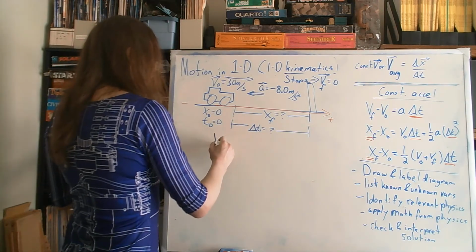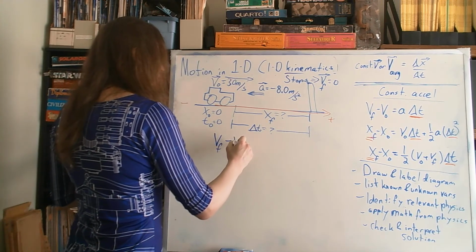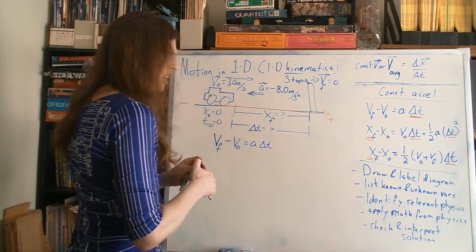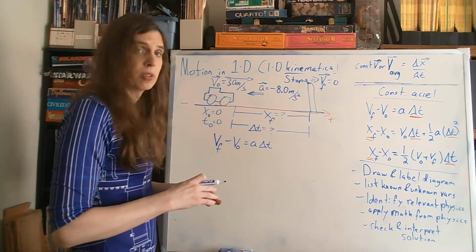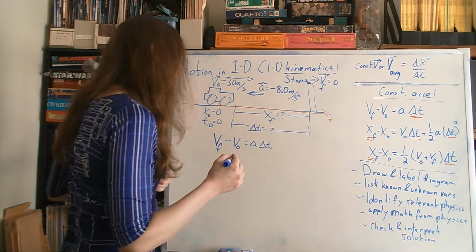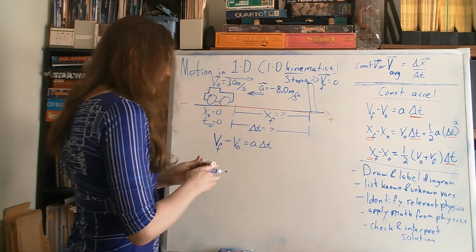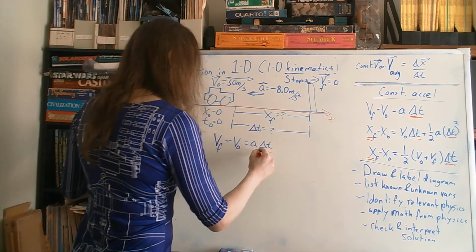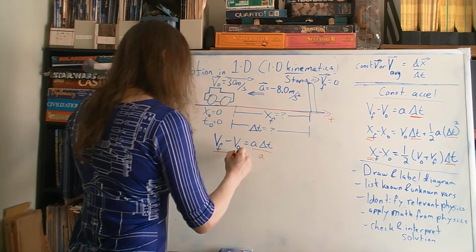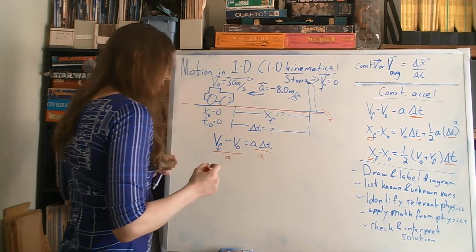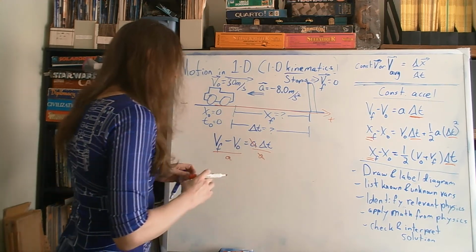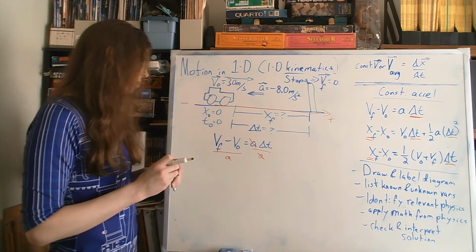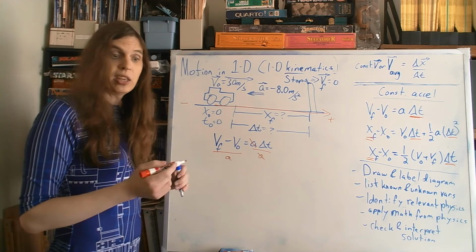So I'll go ahead and start off and write that equation. And I'm dropping the vector arrow symbols for convenience here for a moment. And we want to isolate our unknown time here. So to do that, we'll divide both sides by A. We also know that V final is 0 in this case.